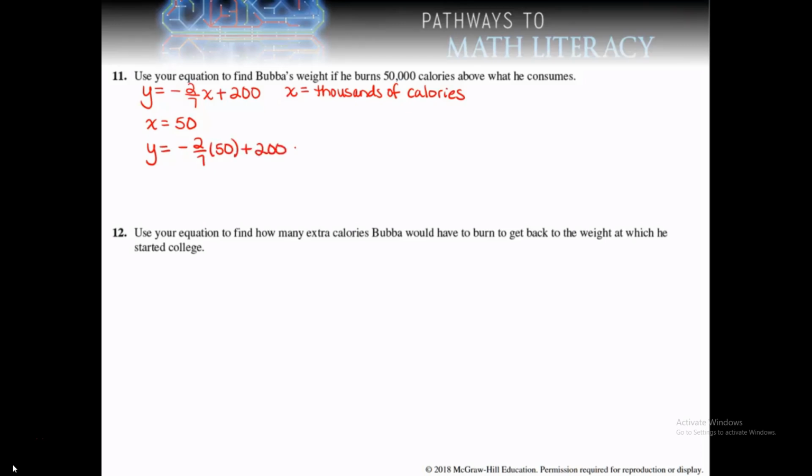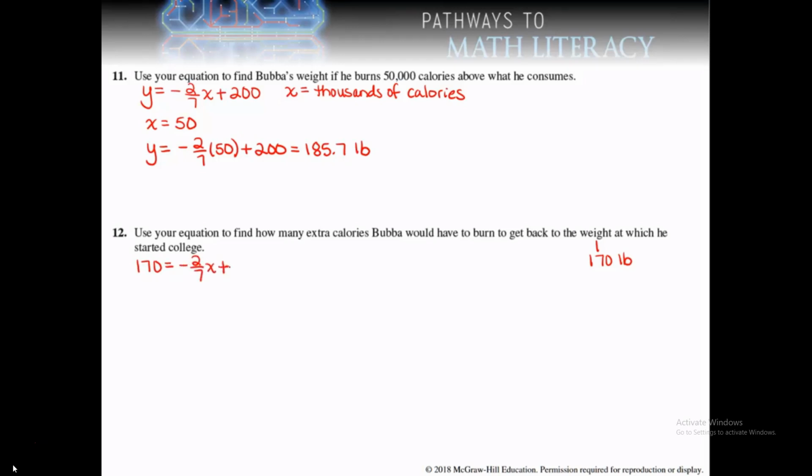Now in 12, we're supposed to use our equation to find out how many extra calories he needs to burn to get back to the weight at which he started in college. So the first thing you need to do is remind yourself what that was, and that was 170 pounds. Now weights are the y values in our equation, so I'm going to put that in for the y. 170 equals negative 2/7 x plus 200. And then the first thing I need to do to solve that is subtract 200 from both sides.